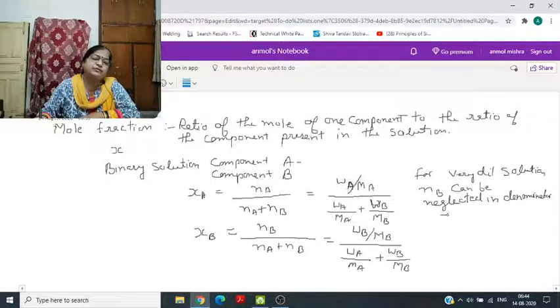That is for 5% and less, you can neglect it in the denominator.